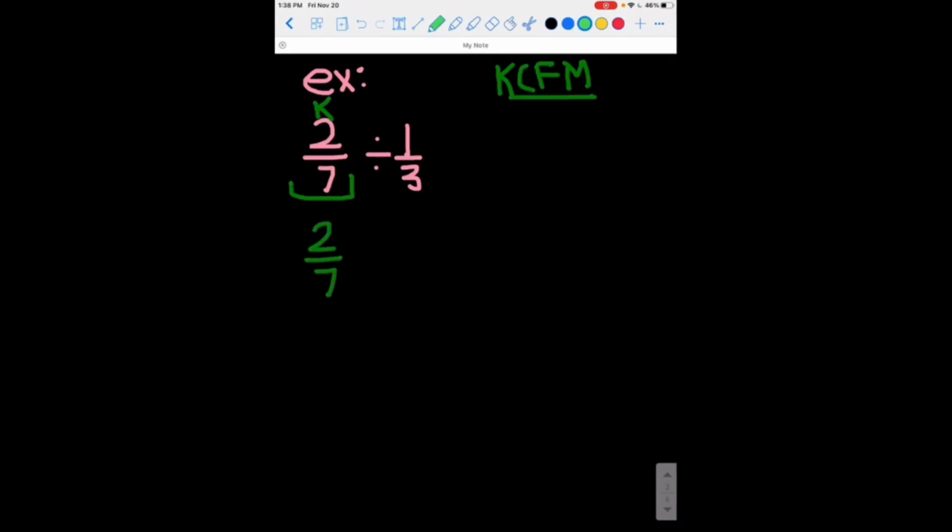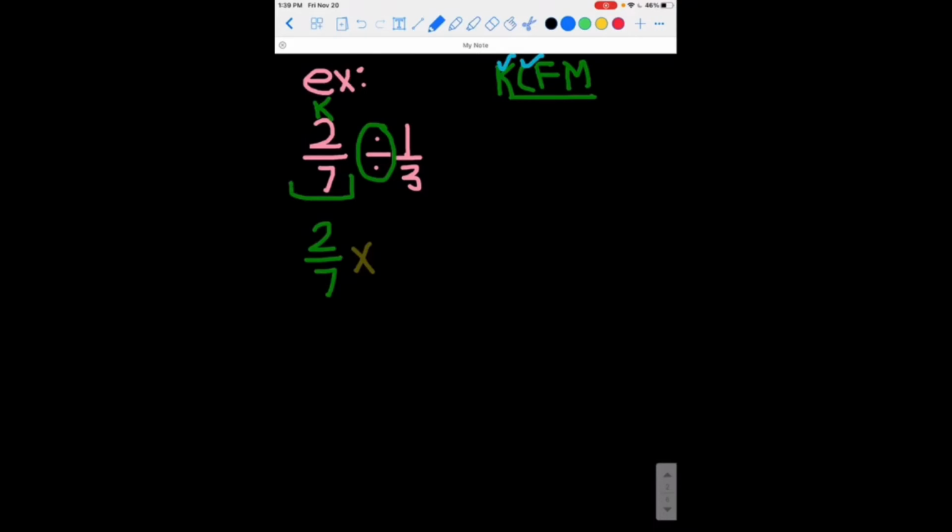So we've done the keep. Now it's time to do the change. When I say change, I'm going to change the division symbol to a multiplication symbol. Now that I've done that, I'll check this off. So again, before I said what flip meant, right?